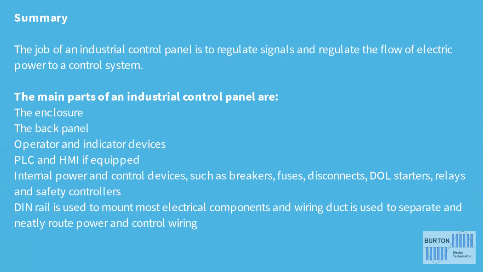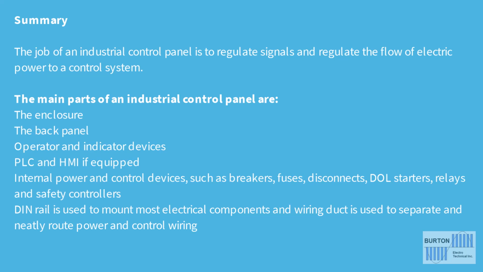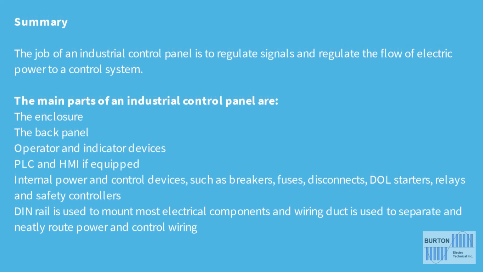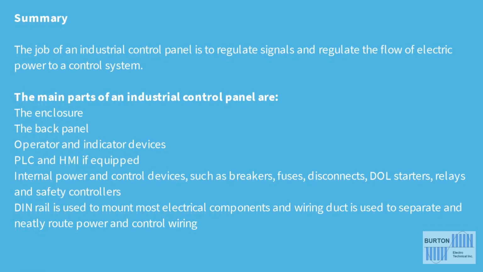Summary. The job of an industrial control panel is to regulate signals and regulate the flow of electric power to a control system.